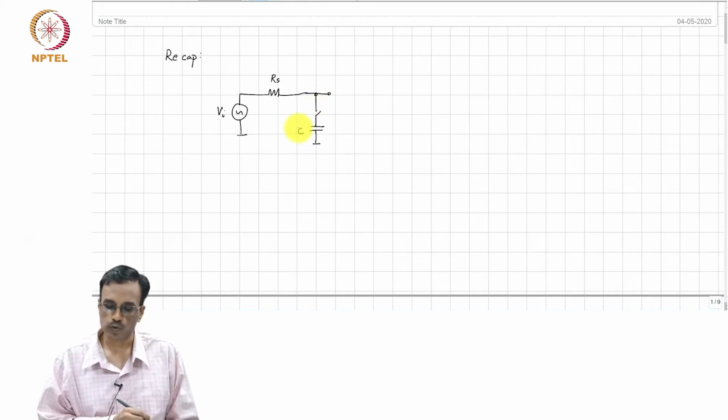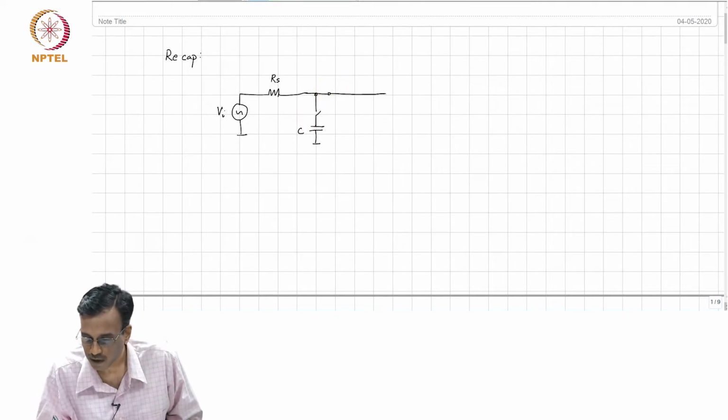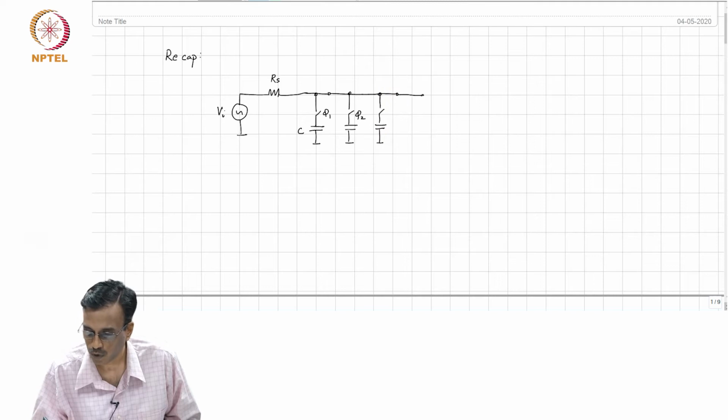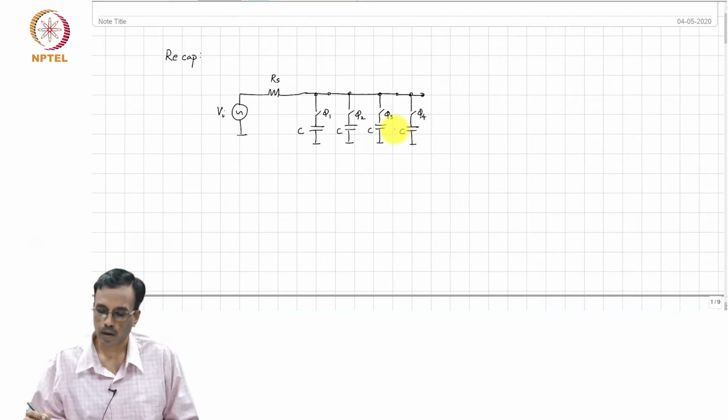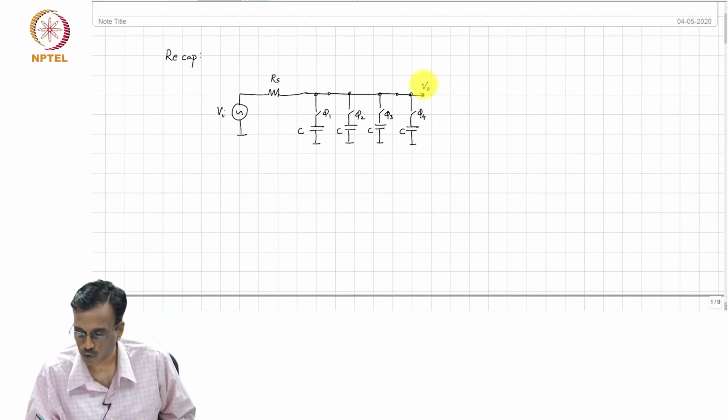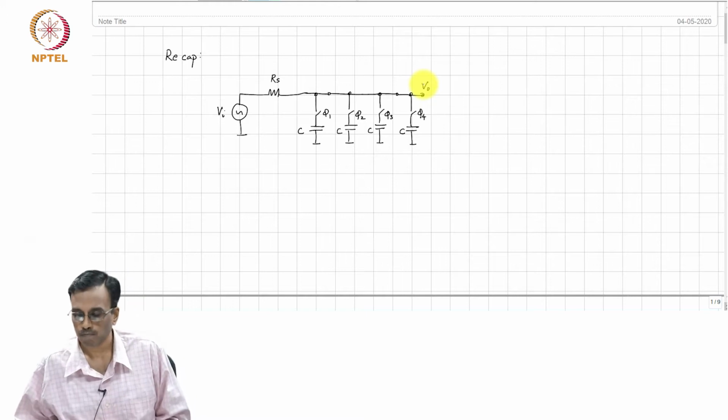So, you have an input source V_I, you have a capacitor bank with 4 identical capacitors, and this is the output V_O, right.